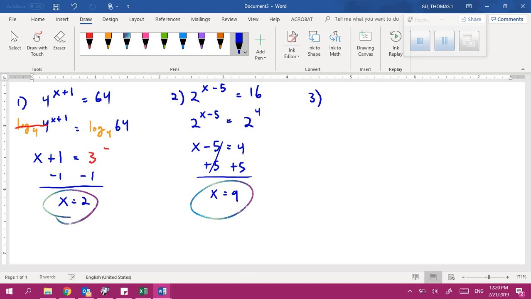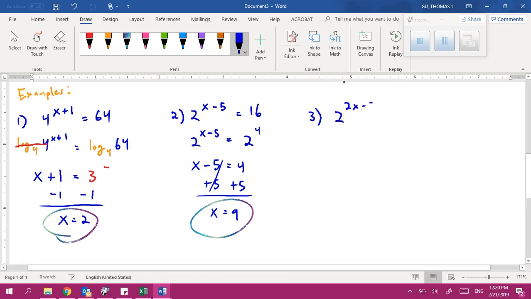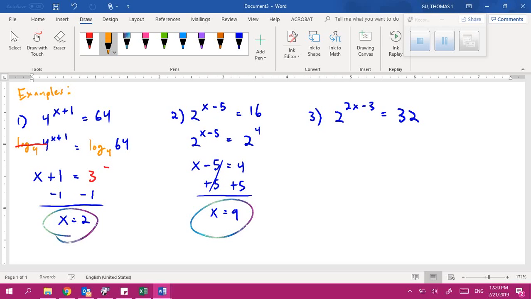All right, third example, 2 to the 2x minus 3 equals 32. What method do you want to use? The first one, okay. If you're going to use the first method, what would you do to both sides? Log base 2, right. Equals, on the right side, we have log base 2 of 32.